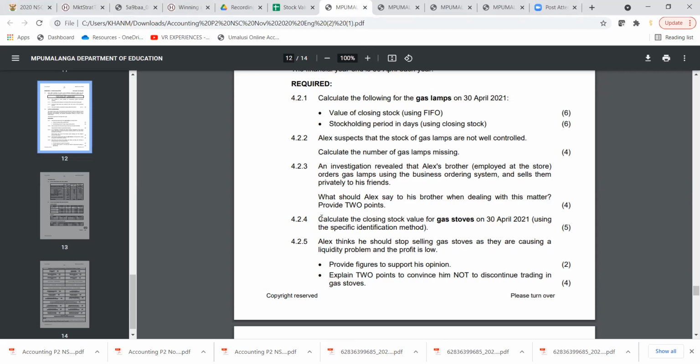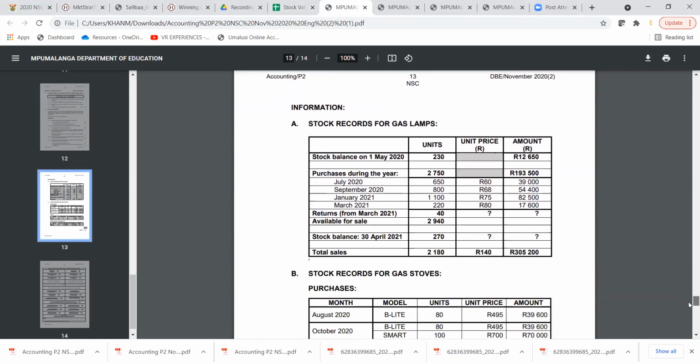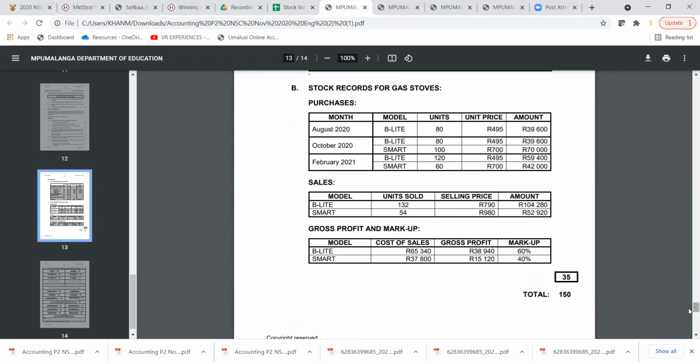Okay, so the last two required, 4.2.4, calculate the closing stock value for gas stoves on 30th April using the specific identification method. So closing stock of gas stoves. Okay, so here are all the purchases. August, October, February. Okay, then we have sales, then there's a gross profit.